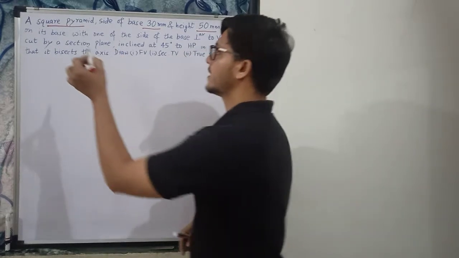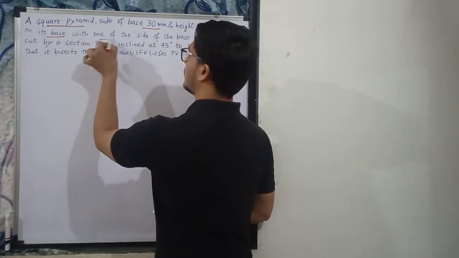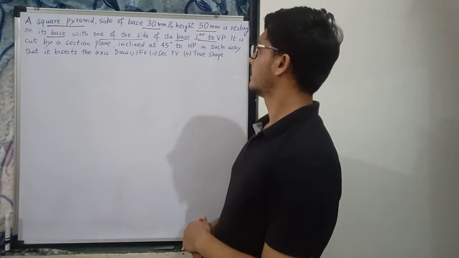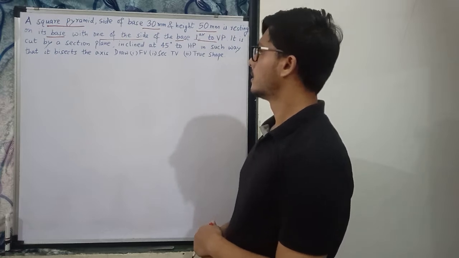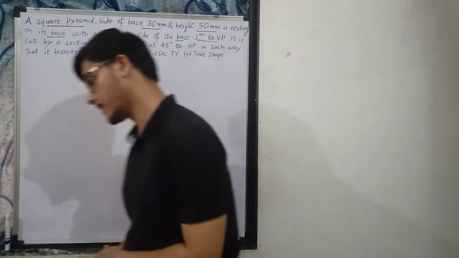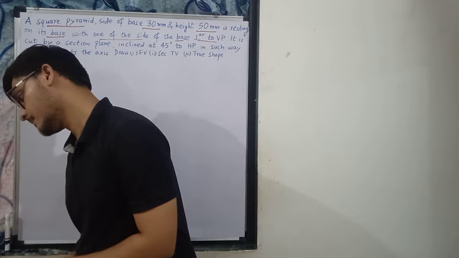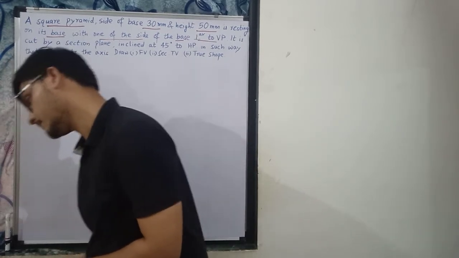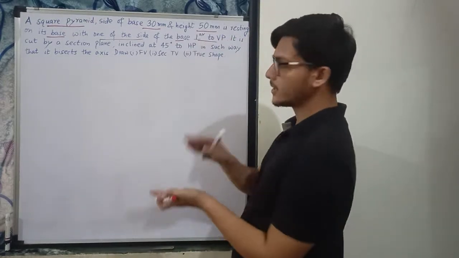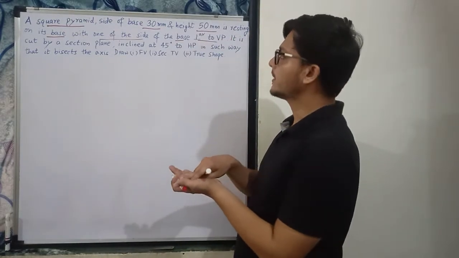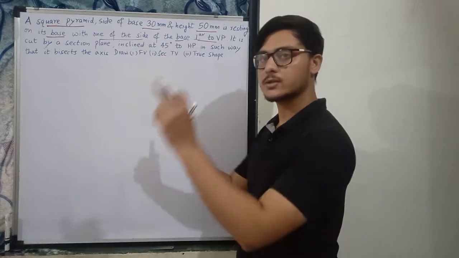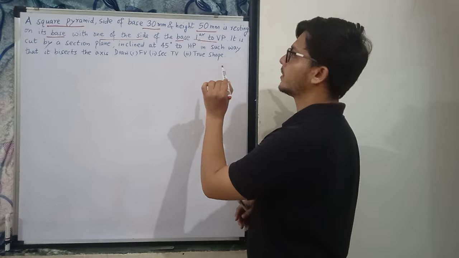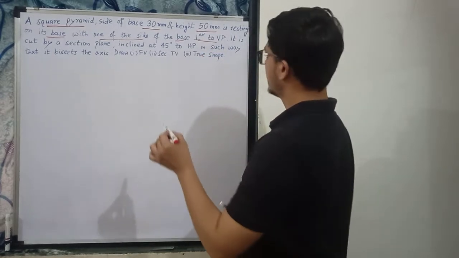It is resting on its base with one of its sides of the base perpendicular to VP. So it is resting on HP on one of its sides, and that side is perpendicular to VP.